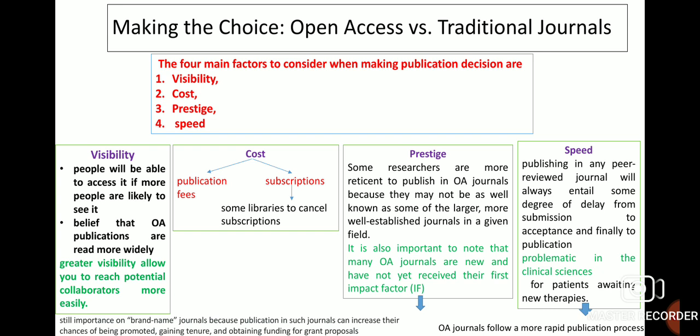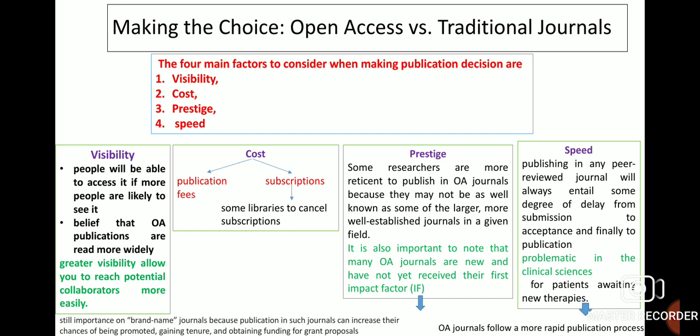It is also important to note that many open access journals are new and have not yet received their first impact factor. People still give importance to brand name, that is paid journals, because publication in such journals can increase their chances of being promoted, gaining tenure and obtaining funding for grant proposals.